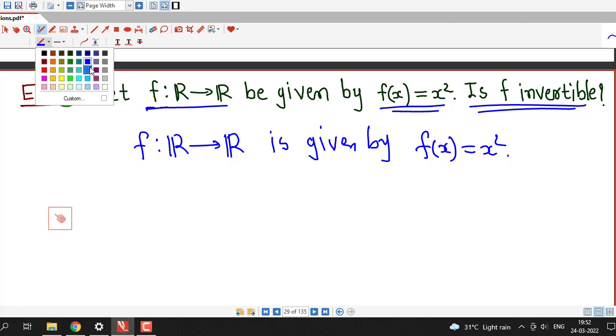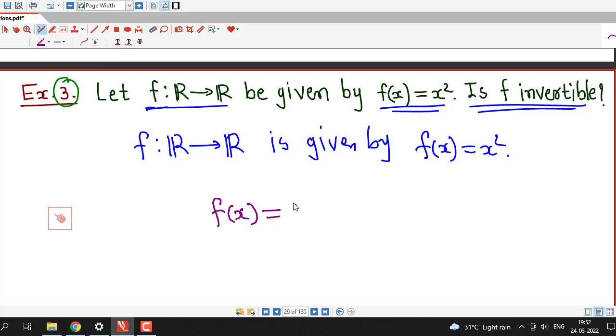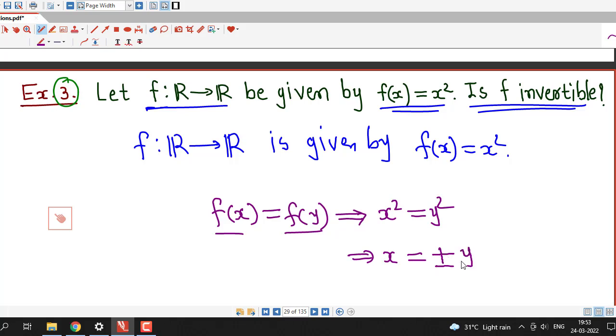Suppose we try to prove that this is 1-1, then we will go in this way. We will assume that f(x) equal to f(y) and we will try to prove that x and y are equal. So suppose f(x) and f(y) are equal, then this implies that x square and y square are equal. This means x equal to plus or minus y.